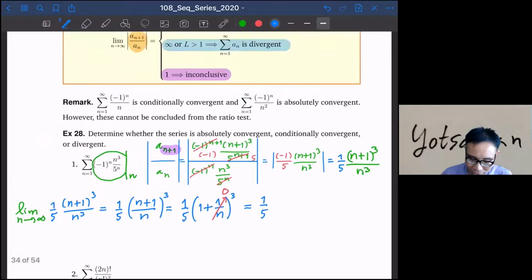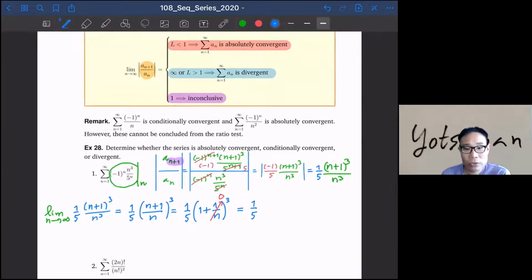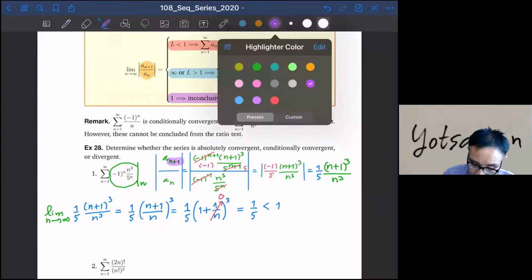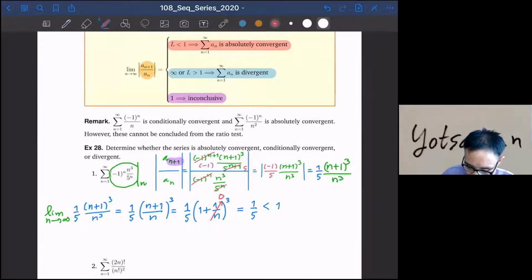And it's going to fall into the first case, which is smaller than 1. So this is your first case, and the conclusion will be the series turns out to be absolutely convergent.